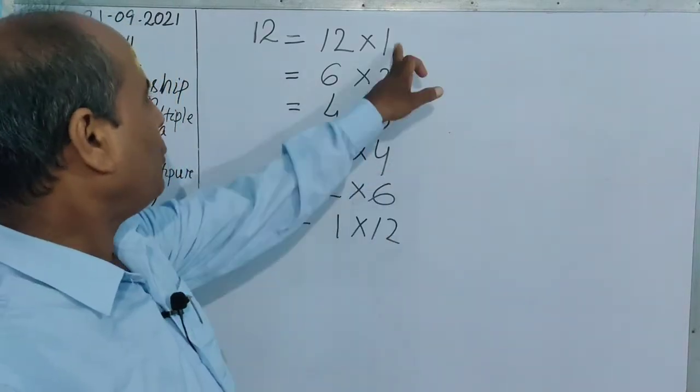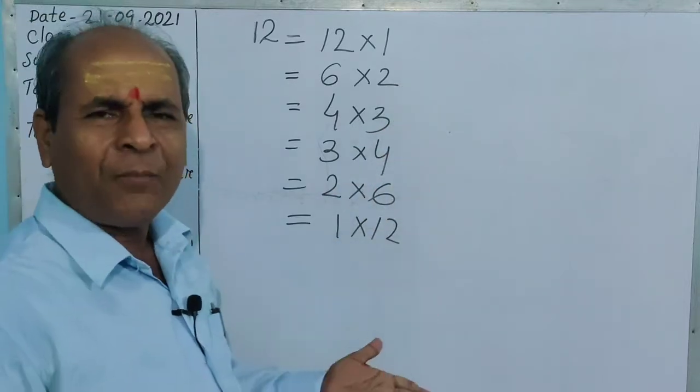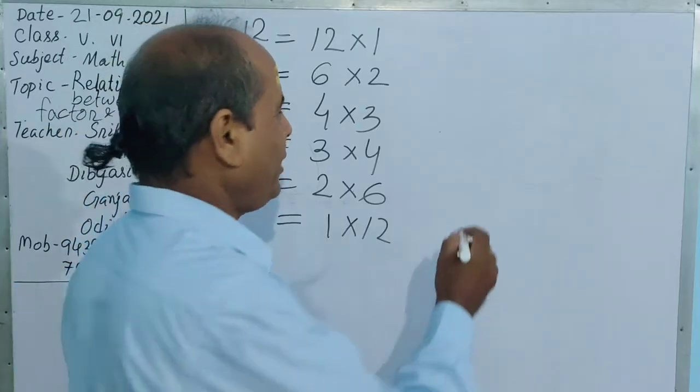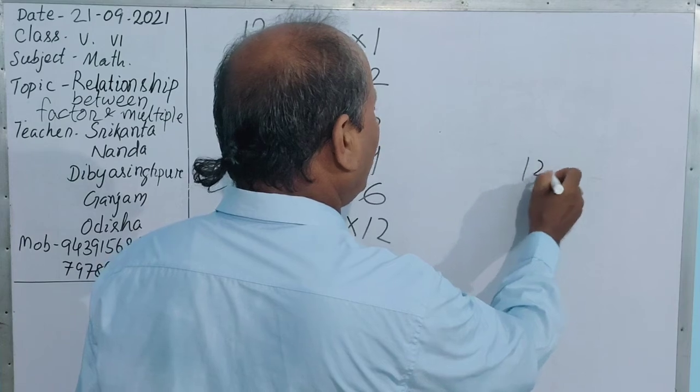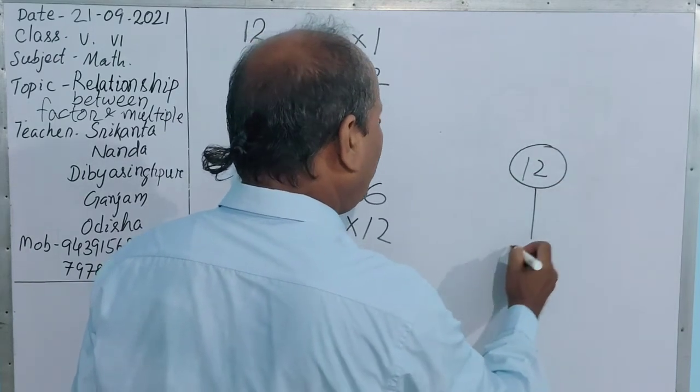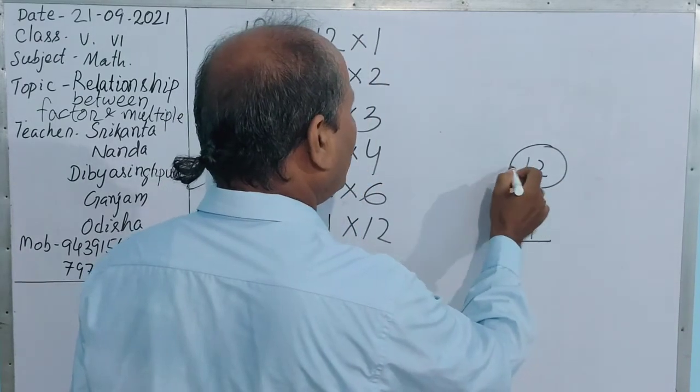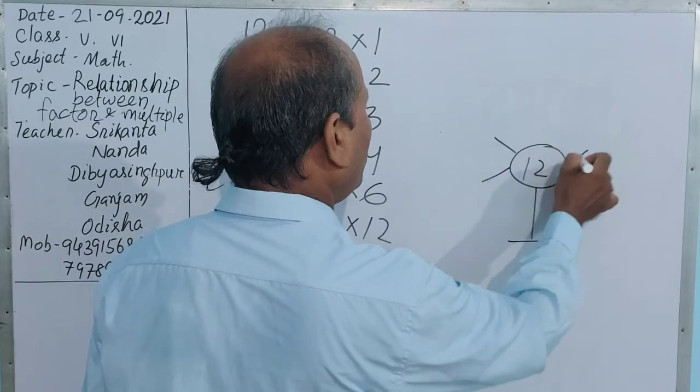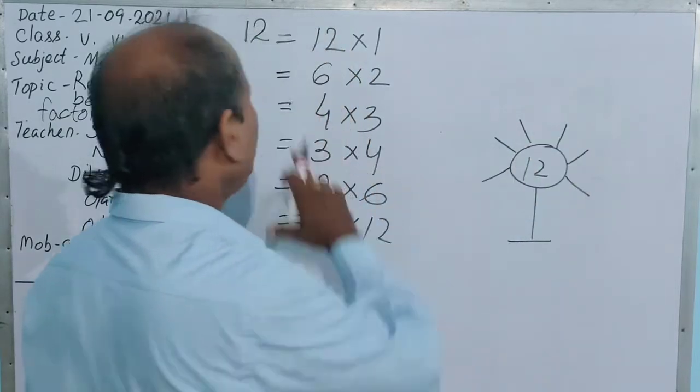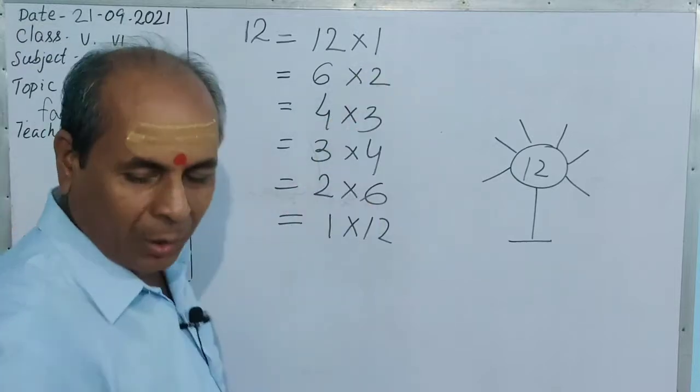So, what are the factors of 12? How many factors are there? 1, 2, 3, 4, 5, 6. So, we can arrange them in a factor tree. In the middle, we will write 12. Next, the factors: the lowest is 1.